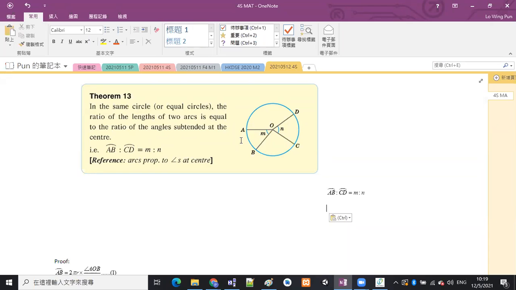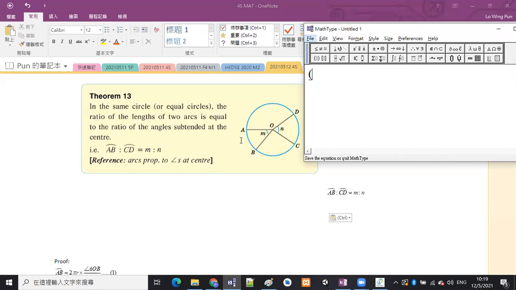Is it OK? Sometimes we know the angles and we want to find the arc lengths, but sometimes we know the arc lengths and then we need to find the angles. But if we know one ratio, then we can calculate the other ratio. 好啦，但係咧呢度咧個 reason is arcs proportional to angles at center.